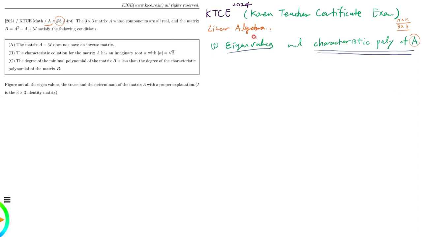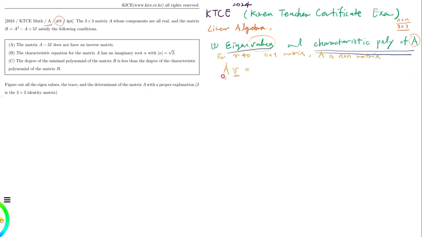So, we say lambda is an eigenvalue when it satisfies this equation for a non-zero vector V, an n by 1 matrix, and A is in general an n by n matrix.